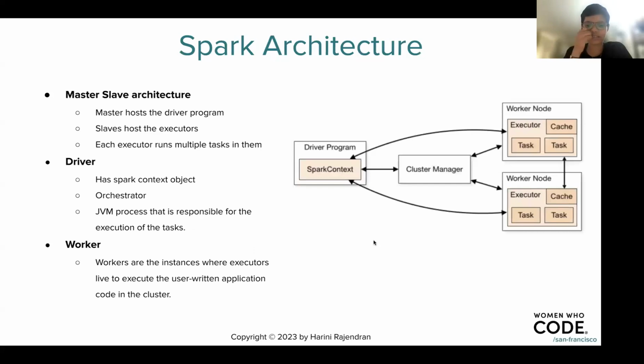Yeah. So now let's spend some time talking through the Spark architecture. Spark actually follows a master-slave architecture, or you can call it a master-worker architecture. So these are the worker nodes or the slave nodes, and there is one master node. The master node hosts something called the driver program, and the worker nodes host the executor programs.